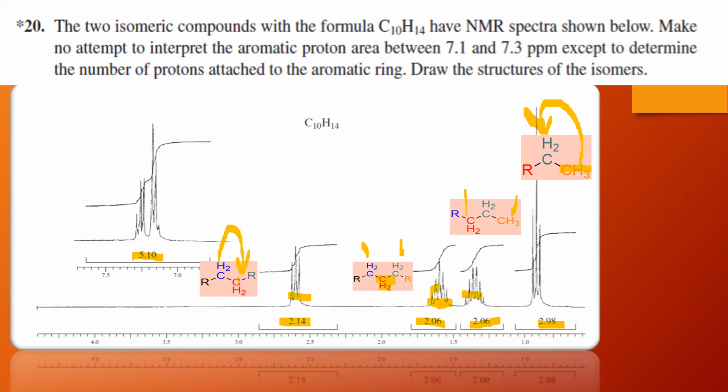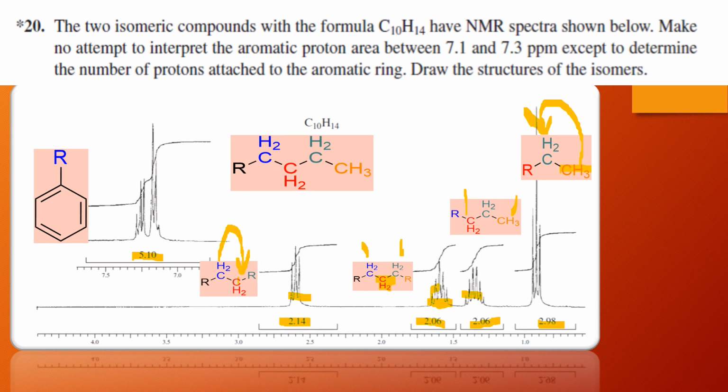Now we have to decide. OK, as you know for the benzene ring, if a signal is coming between 7 and 7.5, then this is the benzene ring, aromatic. So you can see here I have attached all these fragments, so I got this fragment, right?